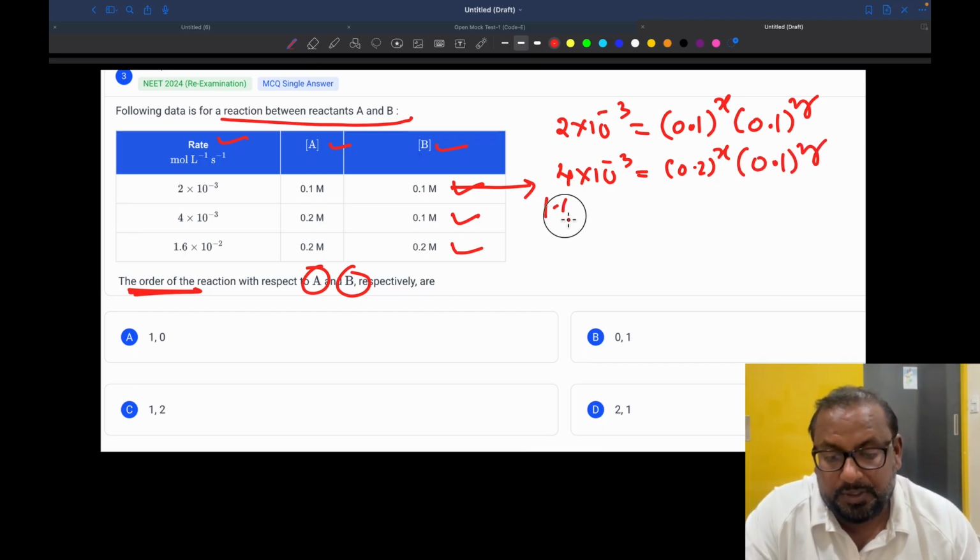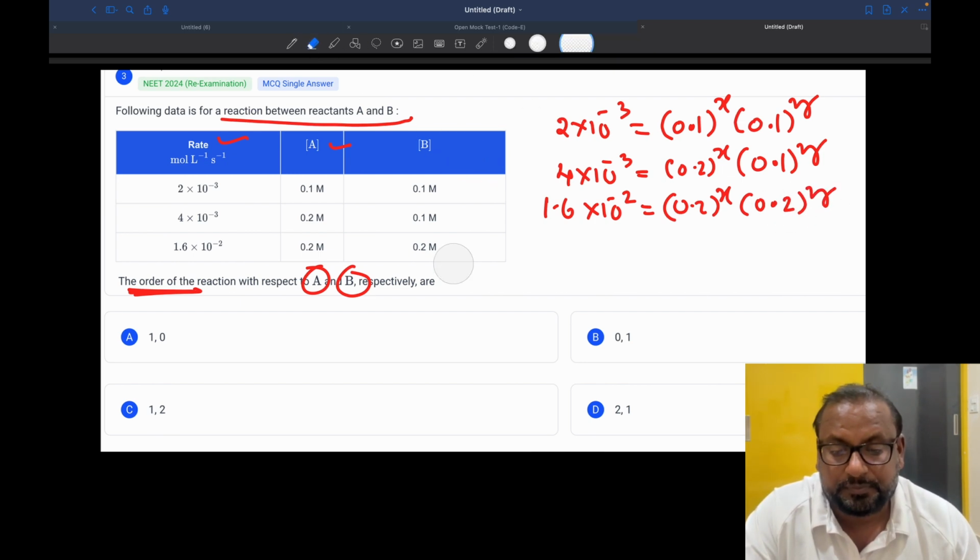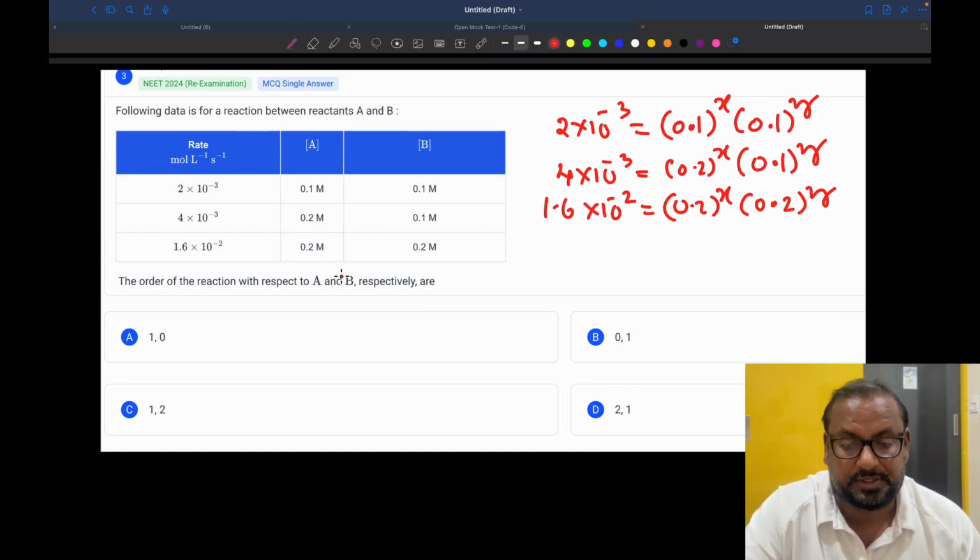The third experiment: 1.6 into 10 power minus 2 equals 0.2 power x into 0.2 power y. So these are the 3 equations we got. We just solve them and we'll get the answer.